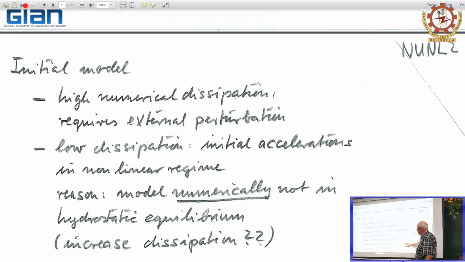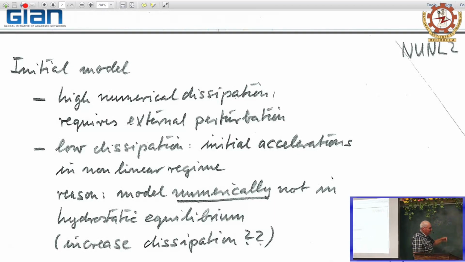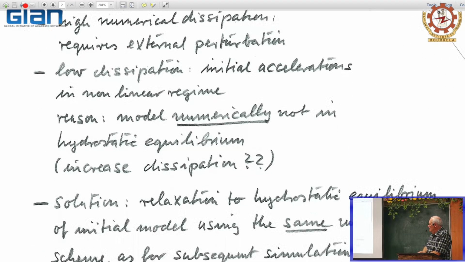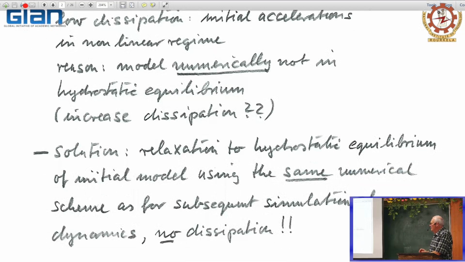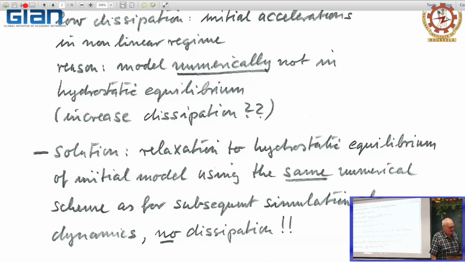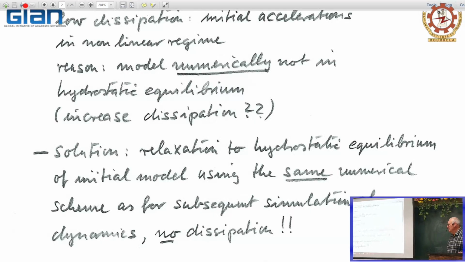The reason is that the model is numerically not in hydrostatic equilibrium. Some authors increase the dissipation to get rid of these accelerations, but we favor here to recalculate the hydrostatic equilibrium of the initial model using the identical numerical scheme as used for the subsequent numerical simulation of the evolution.